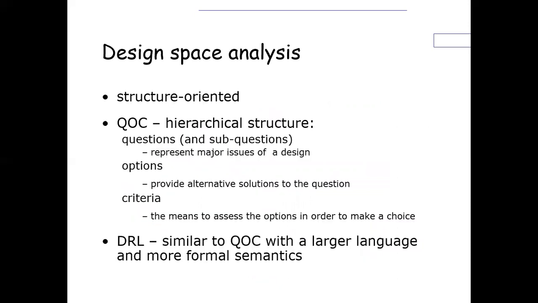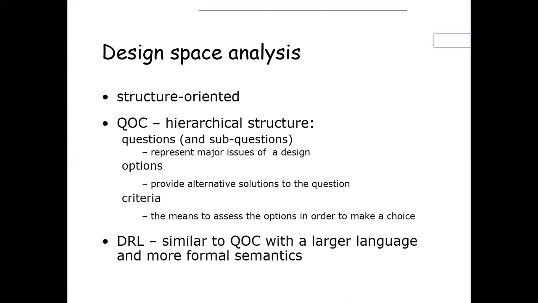Next, we'll see about design space analysis. This design space analysis is the example of structure-oriented design rationale. The questions represent an agreed characterization of the issues raised based on the reflection and understanding of the actual design activities. This approach is based on questions, options, and criteria, that is QOC.